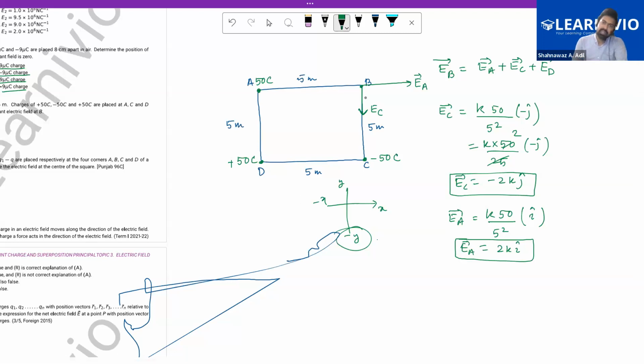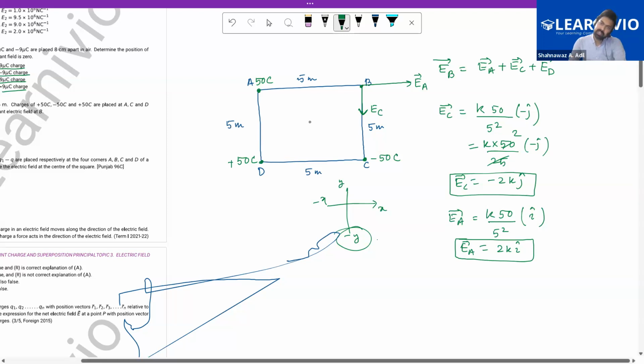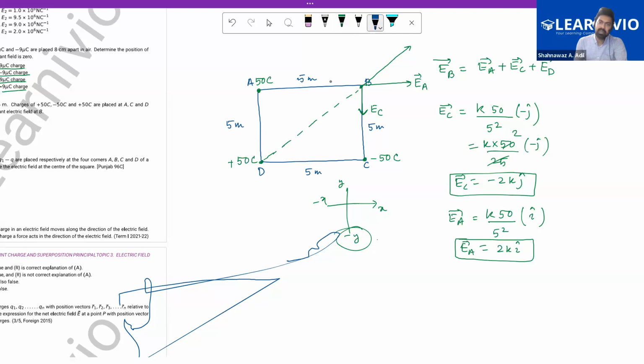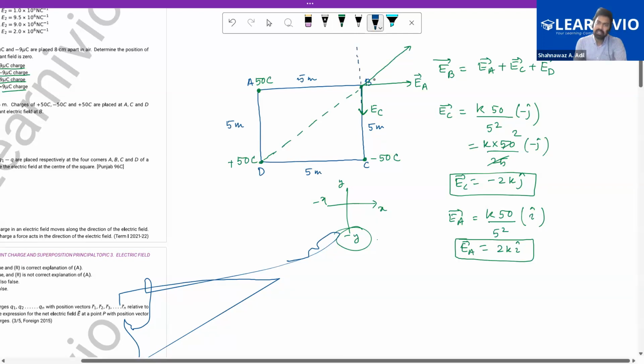But there is a catch in this one. We have to calculate the contribution from D. That direction would be along this line, in this direction. But we know that this angle is 45 degree.